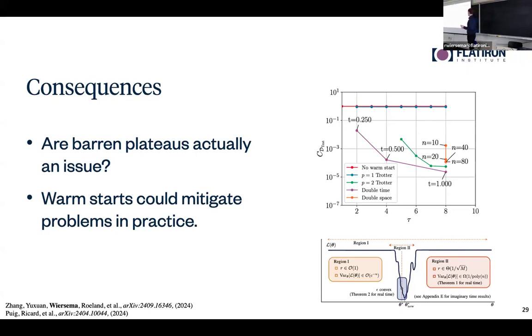And there's a paper from Zoe Holmes' group that is more theoretical, but they also give some strategy for doing warm starts for imaginary time evolution, showing that under some conditions you can use this to maybe get around some of these problems. I'm more of a believer in this, but the time will tell whether this can actually solve some of these issues.